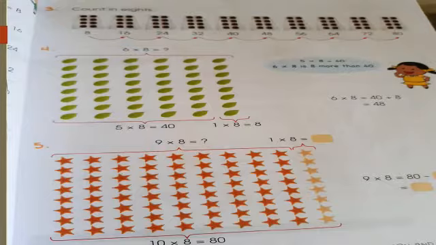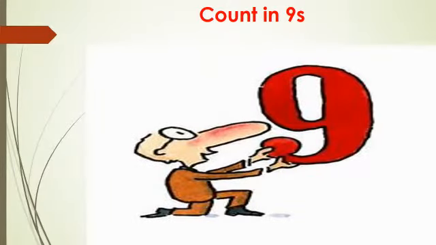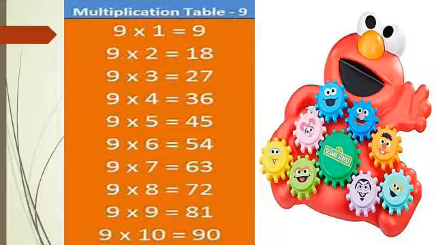Dear students, now come to your textbook. With the help of the table of 7, you can solve this page. If you have 9 groups and each group contains 7 cupcakes, then how can you count them? Yes, through multiplication. 7 nines are 63.